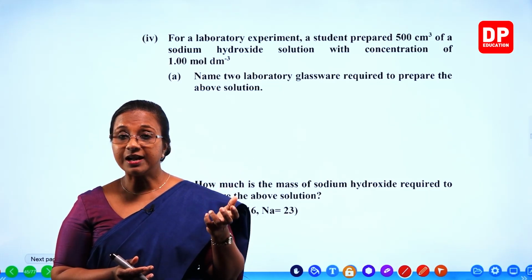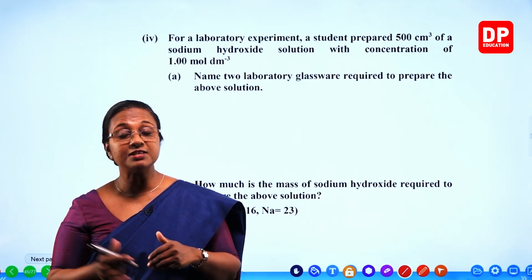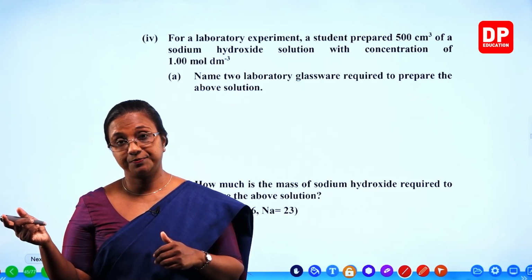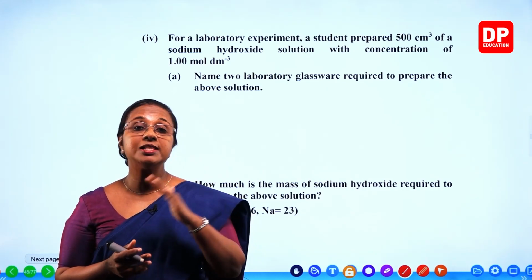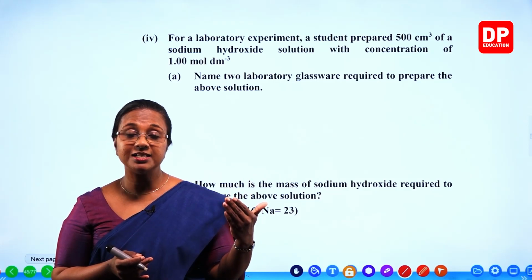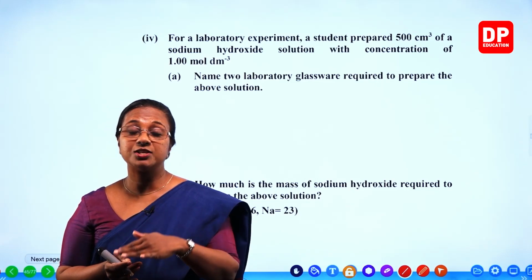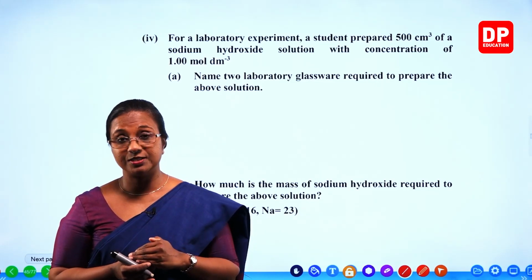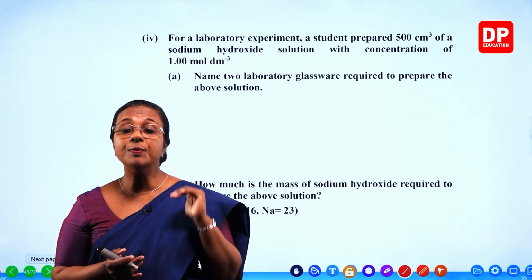So using the funnel from the watch glass, you transfer the solute into the volumetric flask using the wash bottle. Then you have to make sure that you transfer all the solute into the volumetric flask. So you have to wash the watch glass nicely. Even the funnel has to be washed, and all the solute has to be transferred into the volumetric flask. Then you know, in the volumetric flask there is the volume mark.